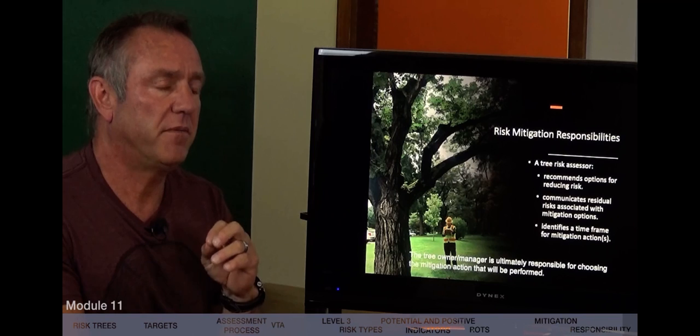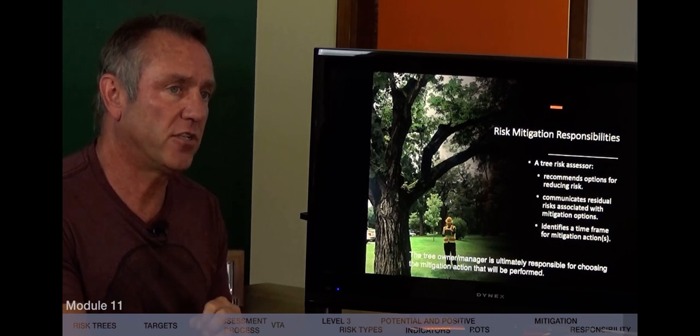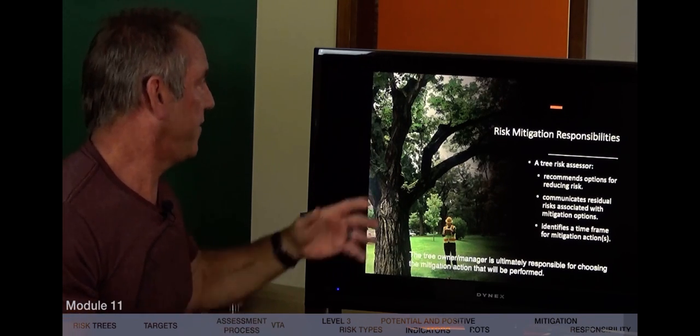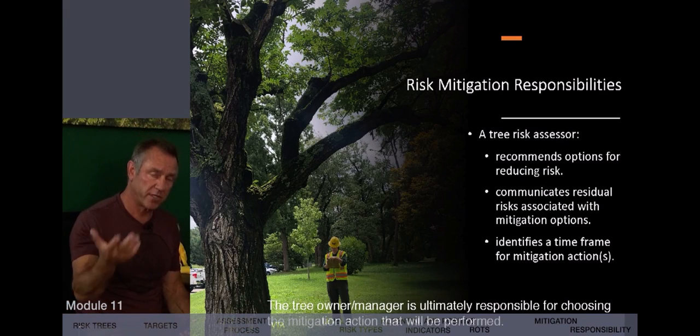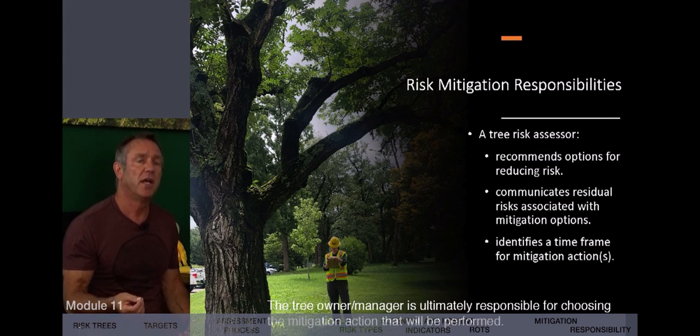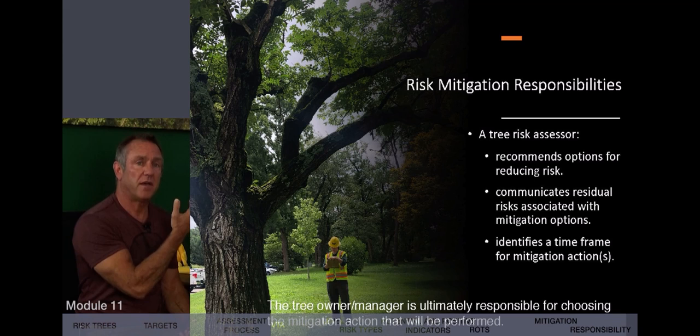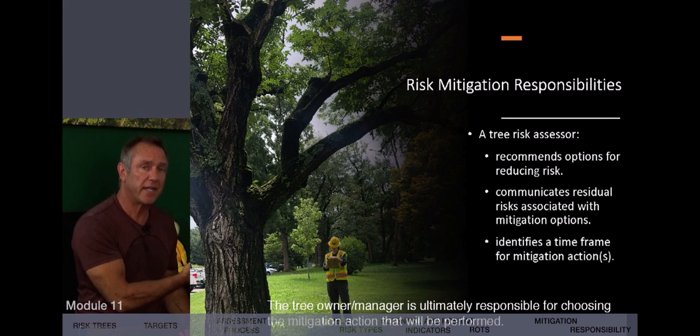Also, it's important to indicate a time frame for mitigation options. So if this tree has a dead limb in it that has a risk of high risk of failure, then you need to communicate with the tree owner that this is a condition of concern that has a high level of risk and should be removed immediately.